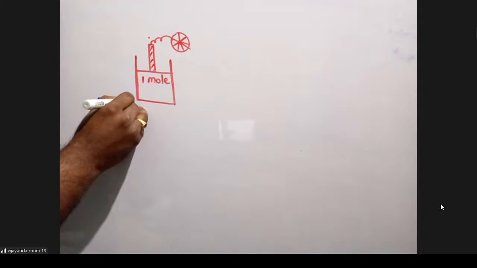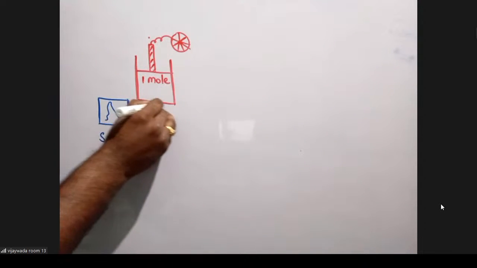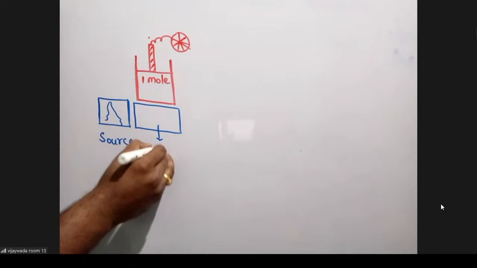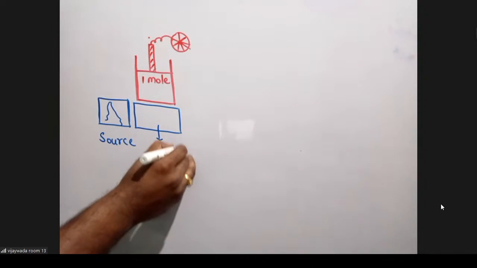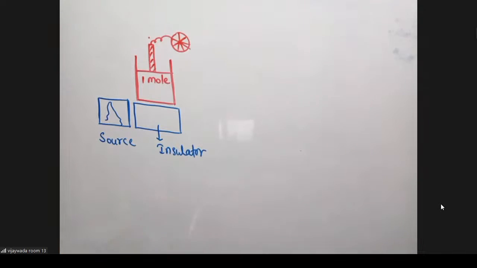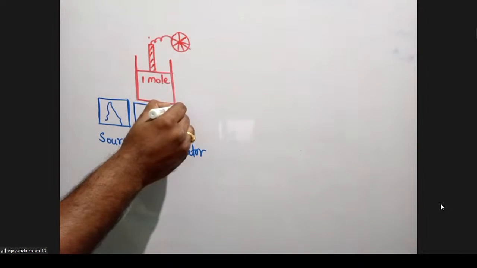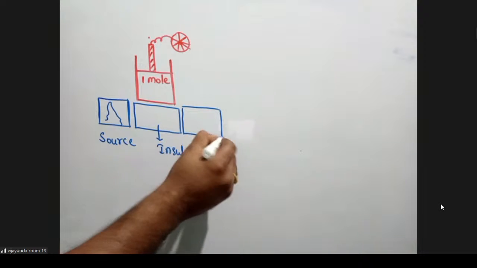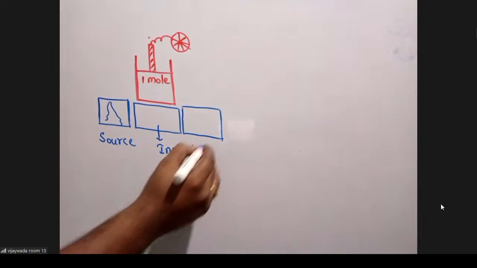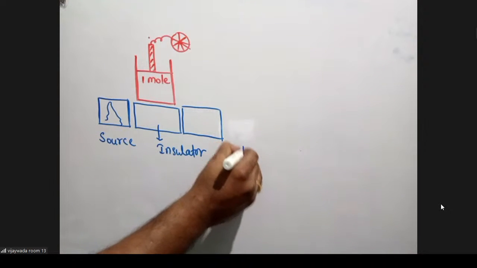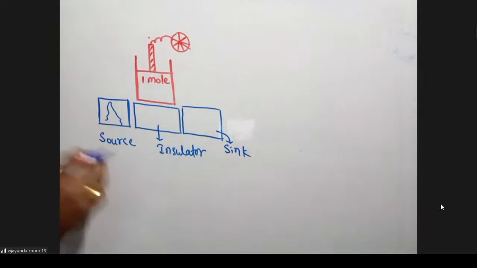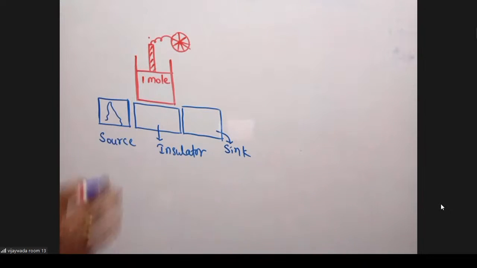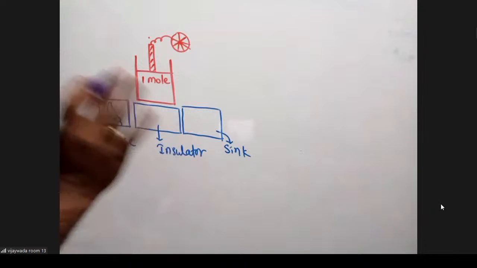The second part is an insulator. The third part is a cold reservoir, and it is called the sink. It is a hot reservoir, a cold reservoir, and an insulator. In between source and sink, we have an insulator.